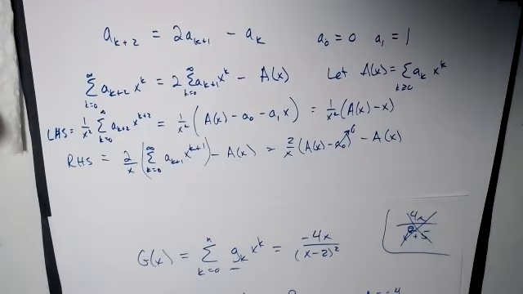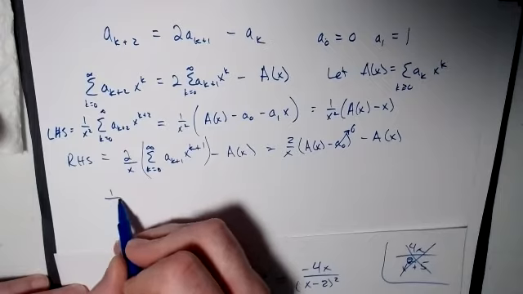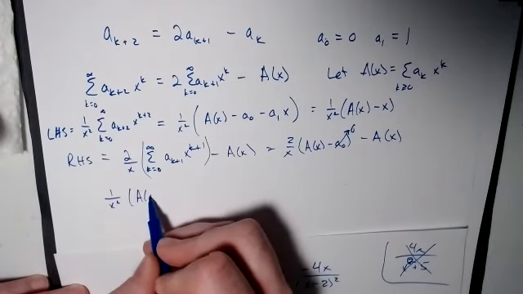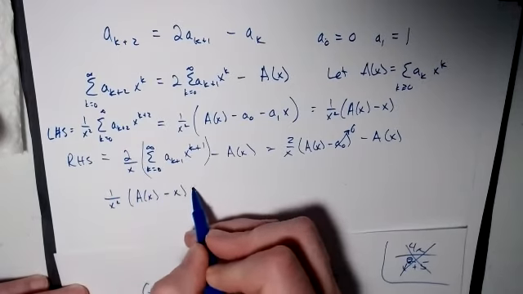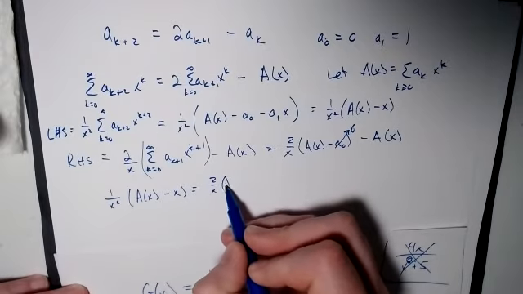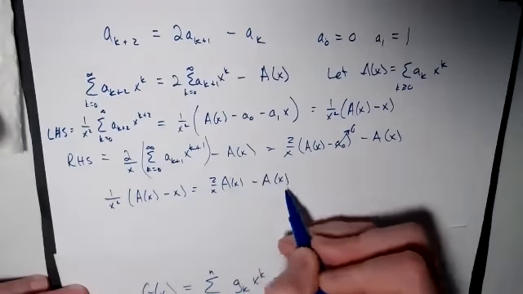So then, if we put that together, we have 1 over x squared times A(x) minus x equals 2 over x times A(x) minus A(x).